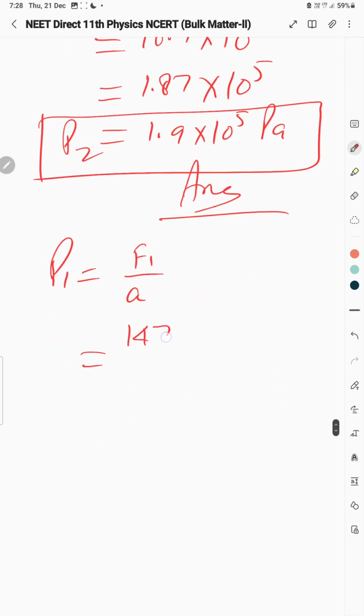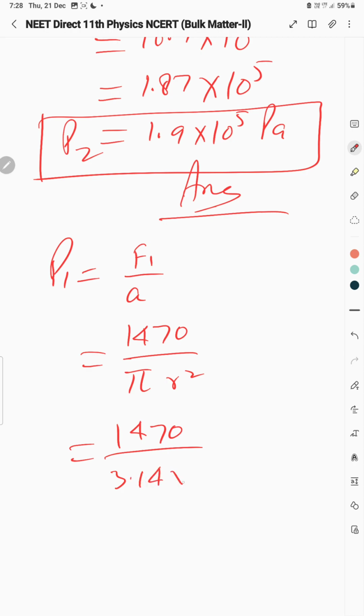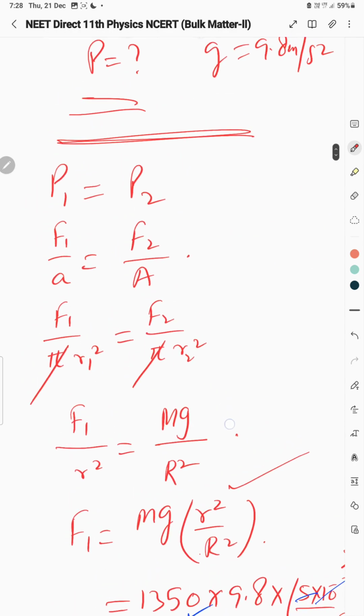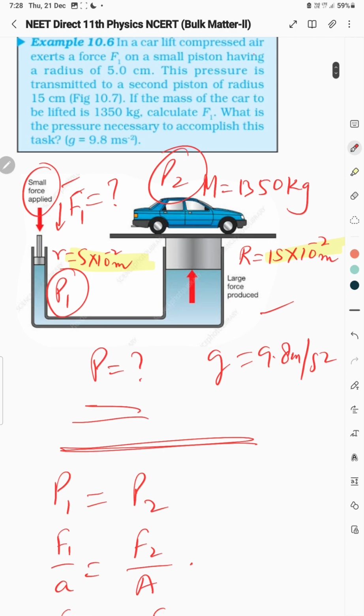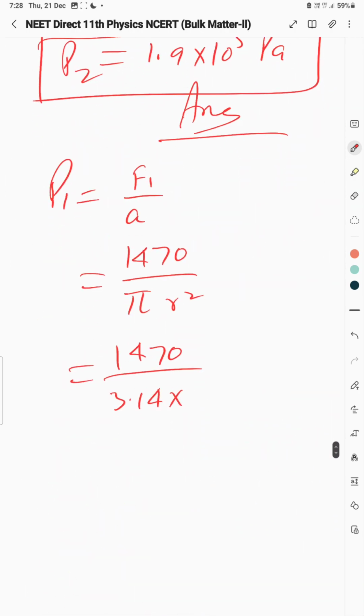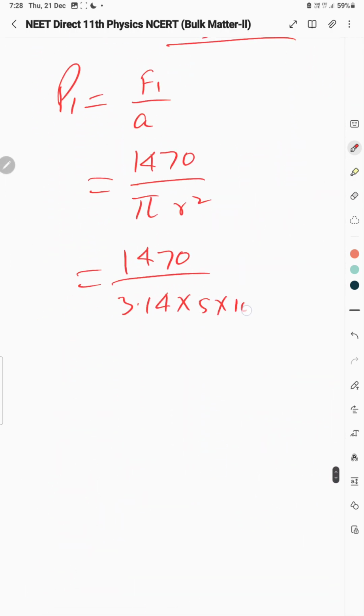So it's 1470 upon pi r square: 1470, 3.14, radius 5 × 10^-2 whole square. Simplified further, it turns out to be 1.8 × 10^5 Pascal.